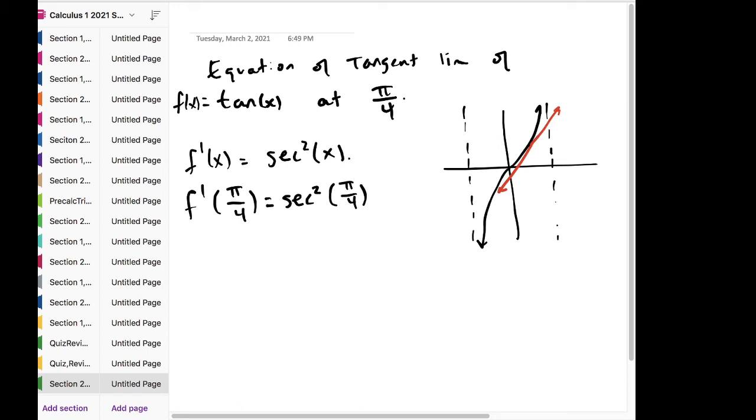Does anybody know how you would find secant of pi over 4? What's cosine of pi over 4?